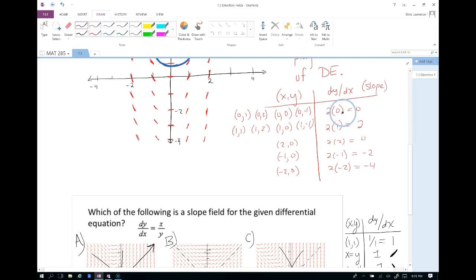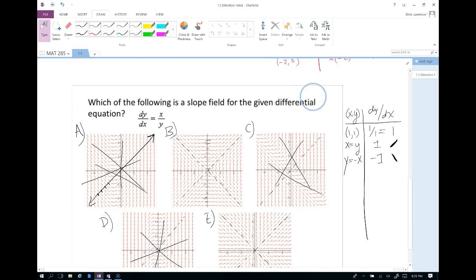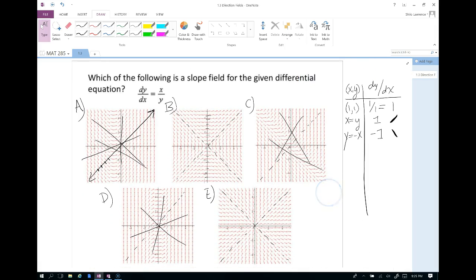We had horizontal tangent lines when the slope was 0. So if we look at our differential equation, when will x over y equal 0? x over y is going to equal 0 when x equals 0, which is the y-axis.